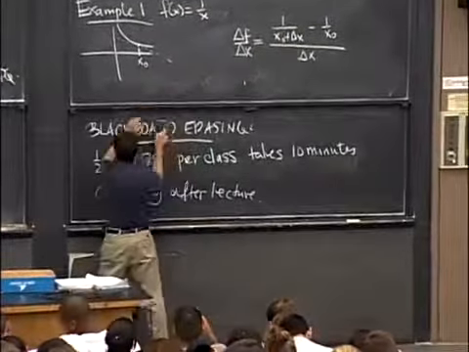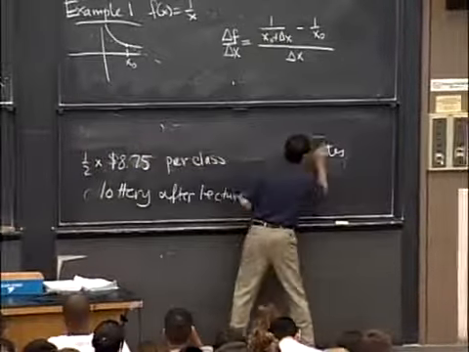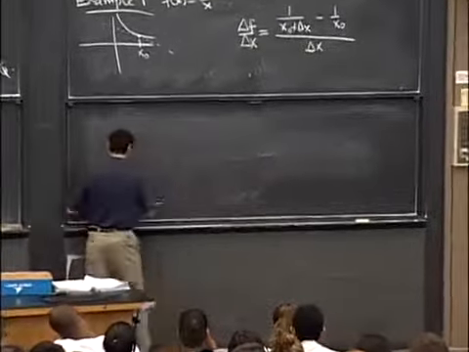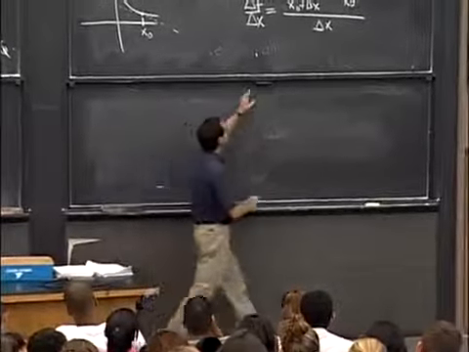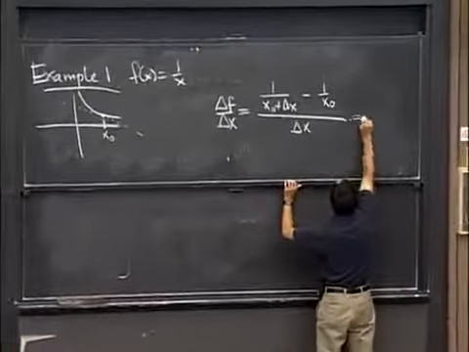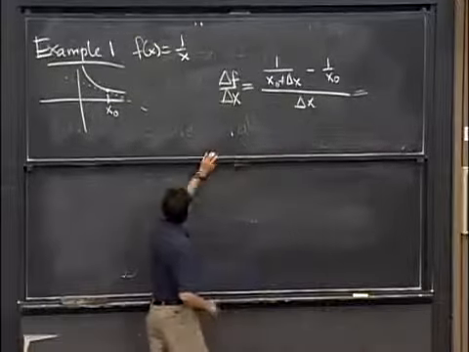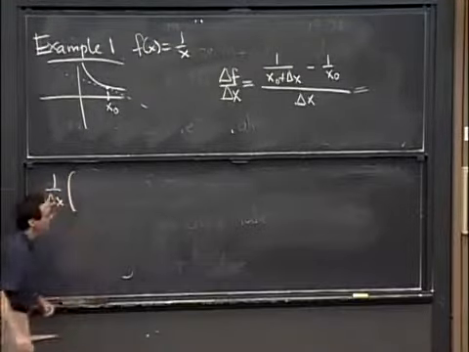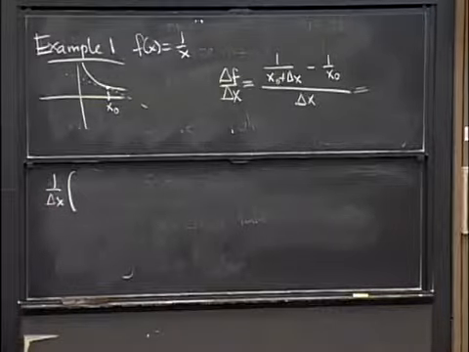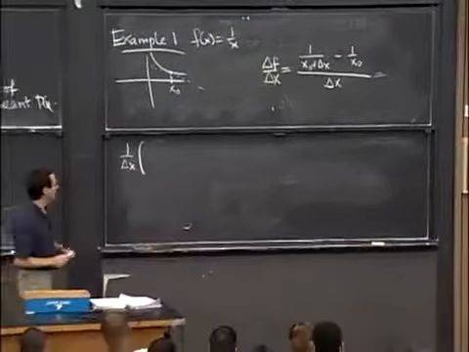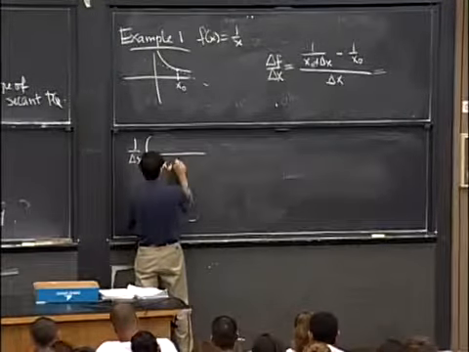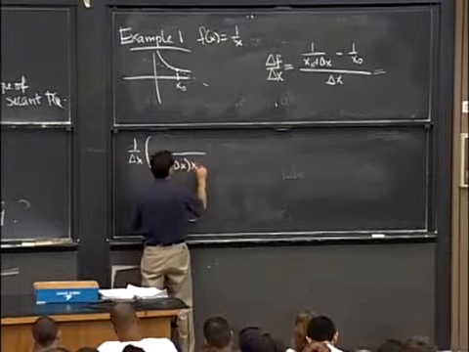Okay, so now we're going to simplify it by some algebra. So let's just take a look. This is equal to, let's continue on the next level here, 1 over delta x times, now all I'm going to do is put it over a common denominator. So the common denominator is x0 plus delta x times x0.